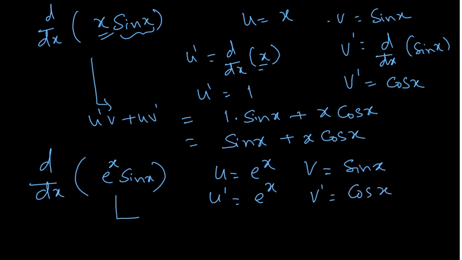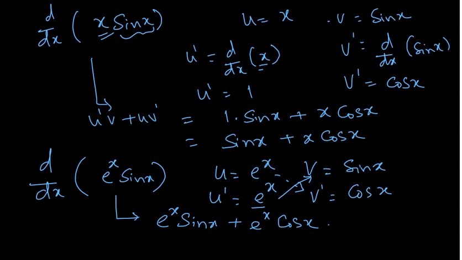Applying this formula, u dash v: e power x sin x, and then plus e power x cos x. Any questions? Understood?